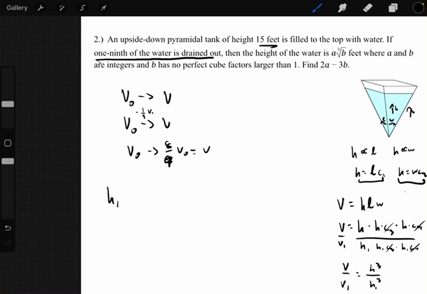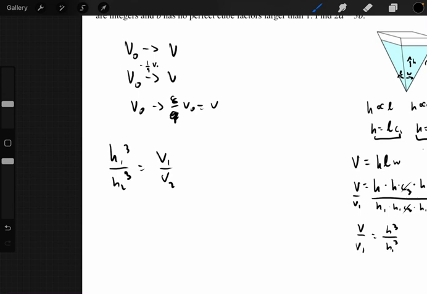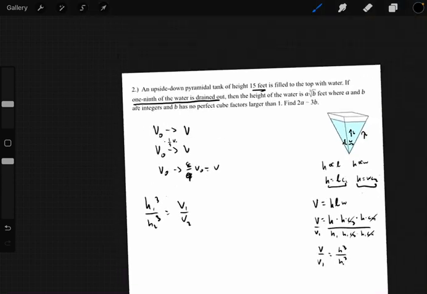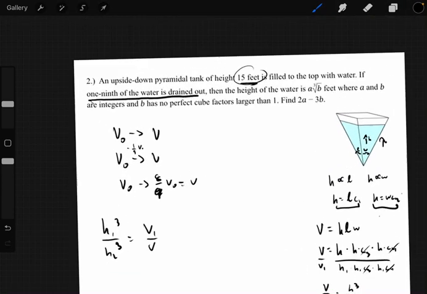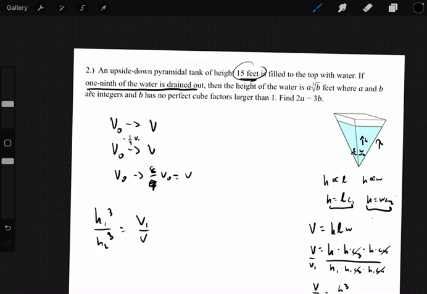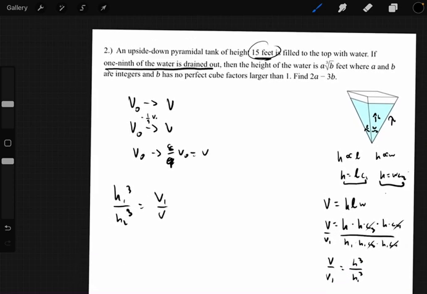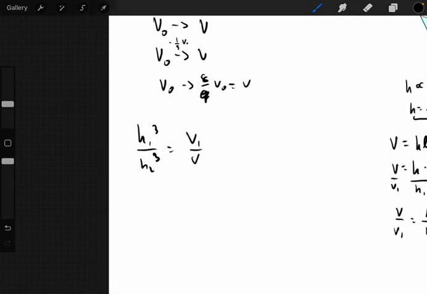We know that h1 cubed over h2 cubed equals v1 over v2. We know that's true. This 15 feet corresponds to when it's filled to the top.